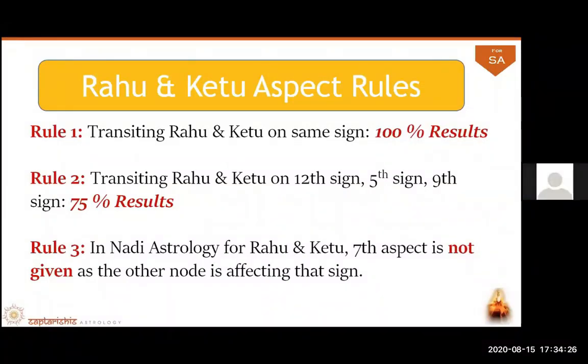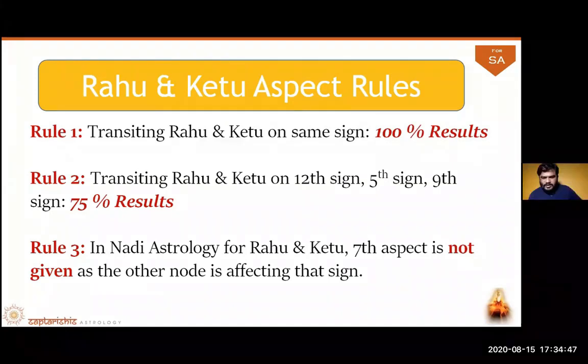So in this rule, the 12th is working very well. I'm taking the 12th also. In Bhrigu Nadi, if you read, they give a lot of importance to the second house and the 12th house. So you all can check it for the second house also.